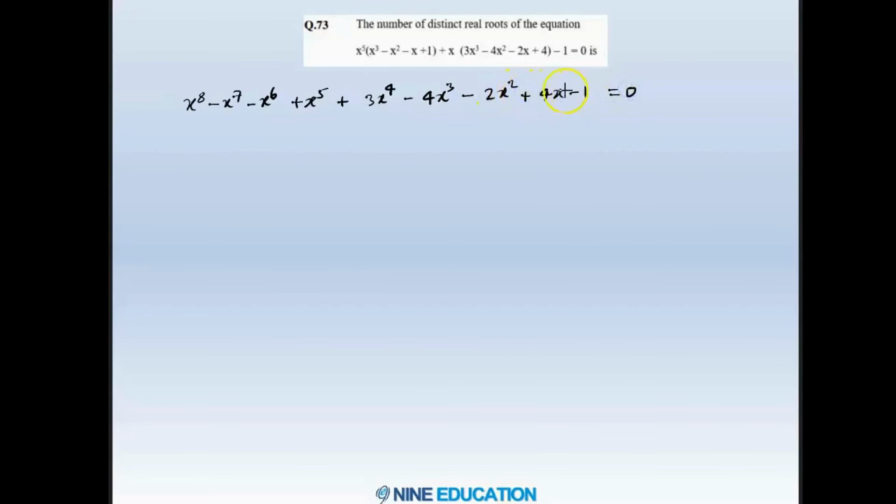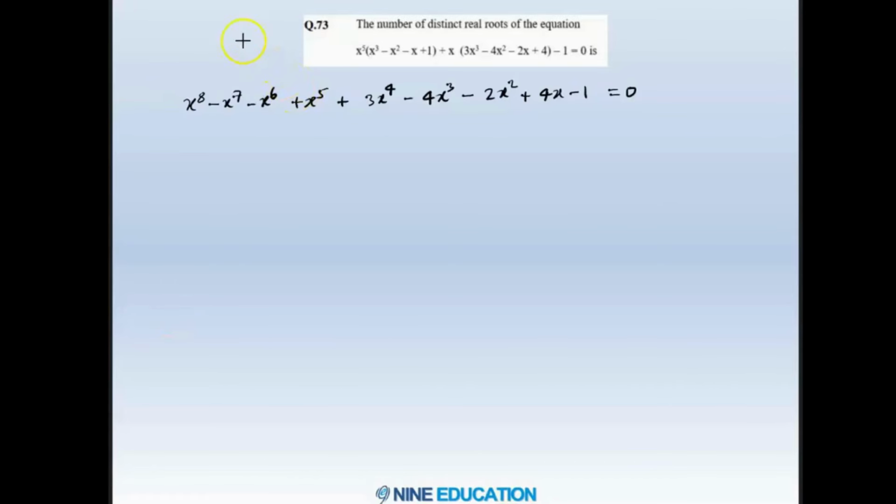Whenever you have higher power questions like x⁸, x⁷, x⁶, x⁵ and all, there are a few specific values like 1, −1, 2, −2 where you should check, because sometimes, mostly, one of the roots is x equal to 1 or −1, and sometimes we also need to be ready to apply increasing-decreasing concepts.